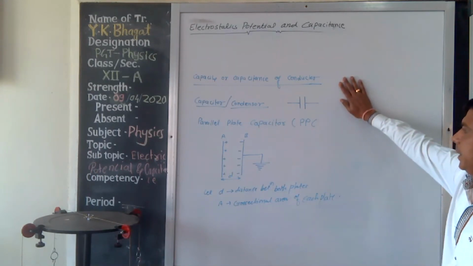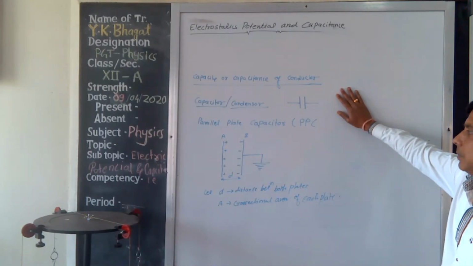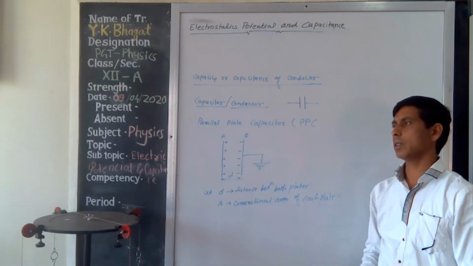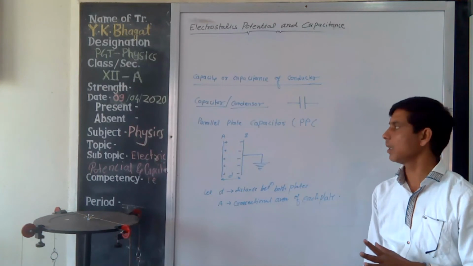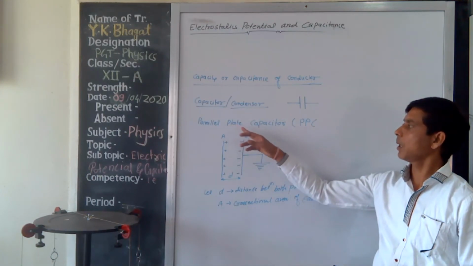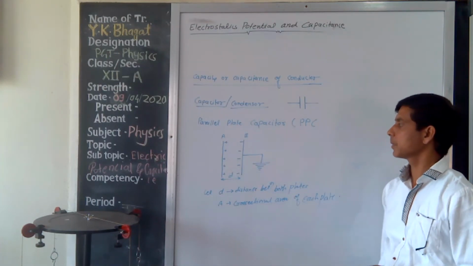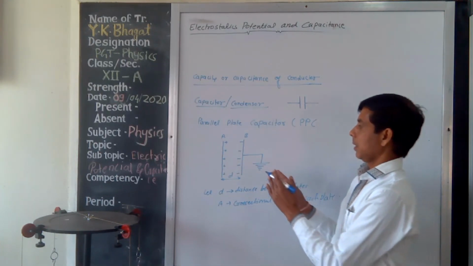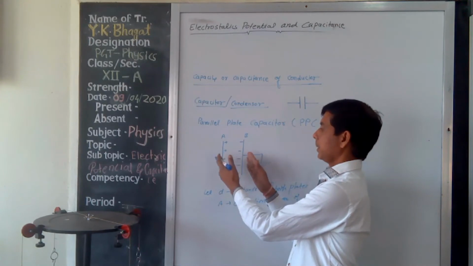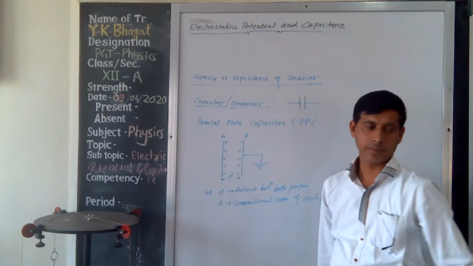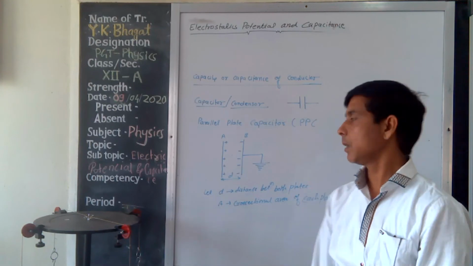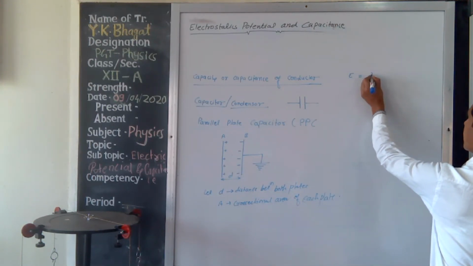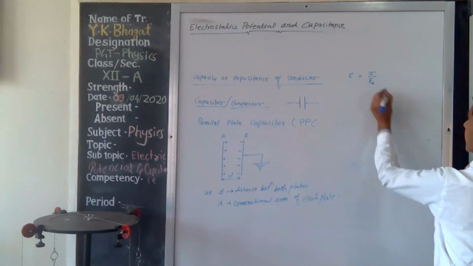Now we derive the expression for the capacity of that parallel plate capacitor. It is the most important expression. Dear student, we know that the electric intensity between the plates is given by E equal to sigma upon epsilon naught.